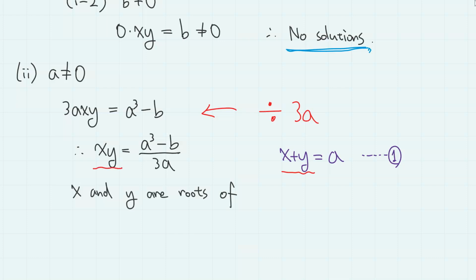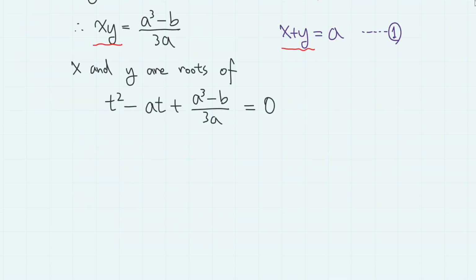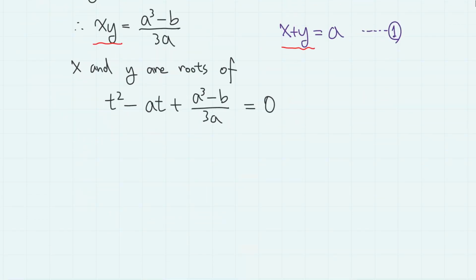These values mean that x and y are roots of the quadratic equation t squared minus at plus (a cubed minus b) over 3a equals 0. If we multiply by 3a, we obtain 3at squared minus 3a squared t plus a cubed minus b equals 0.